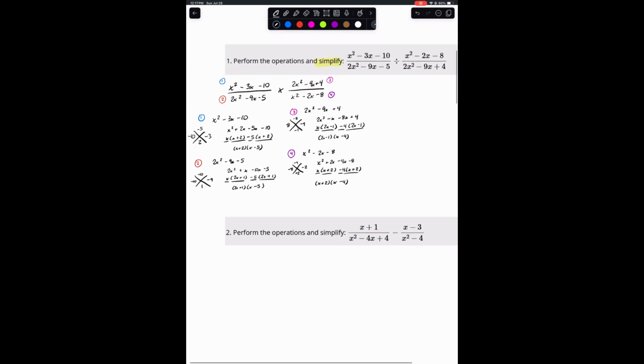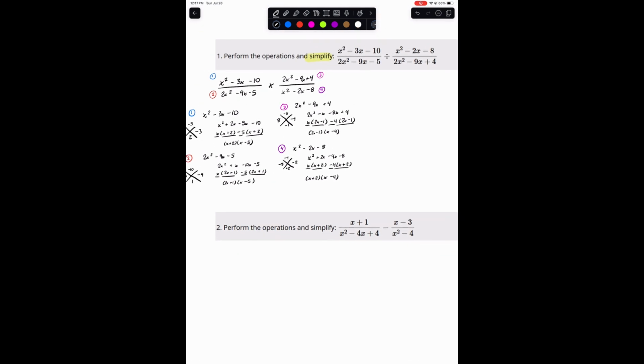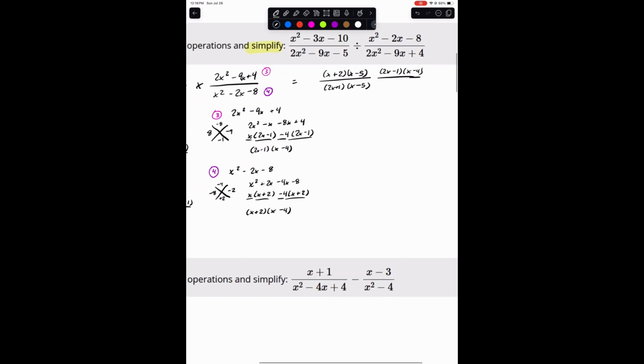Okay. So we can rewrite this product as x plus 2 times x minus 5 over 2x plus 1 times x minus 5. And the other fraction, we have 2x minus 1 times x minus 4 on top, and on the bottom, x plus 2 times x minus 4.